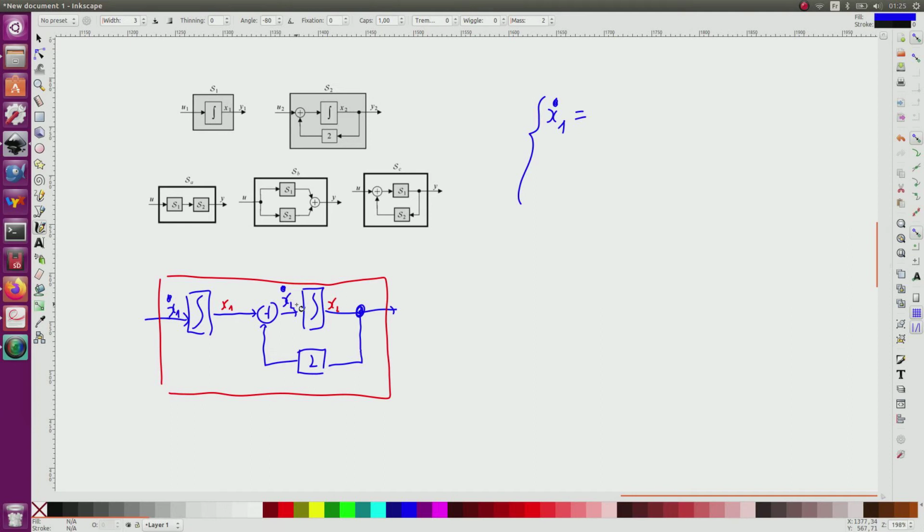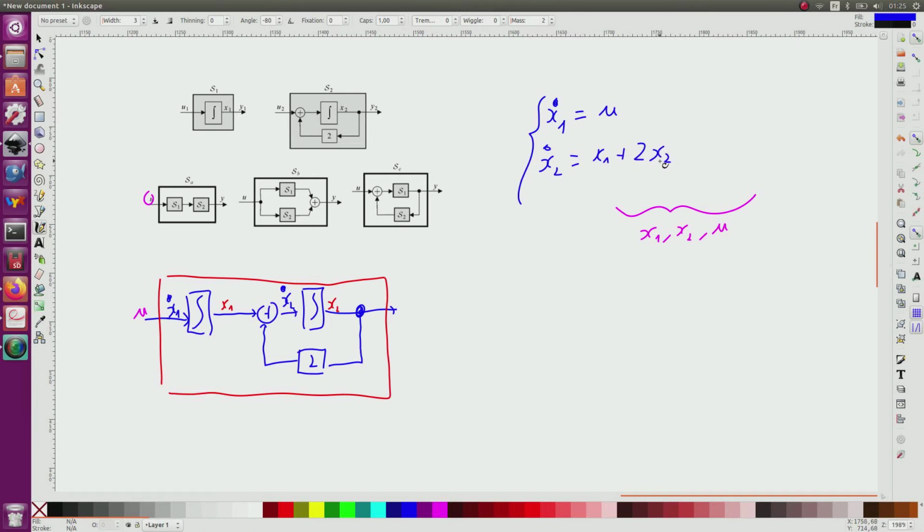I have to write them as a function of the state itself, x1, x2, and the input u, which is here. So x dot 1 is trivial, it is equal to u, and x dot 2 is equal to x1, from here, plus 2x2.